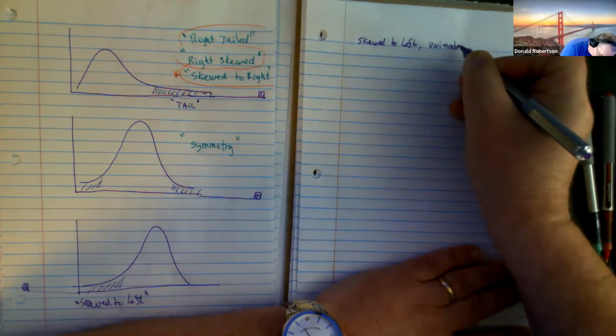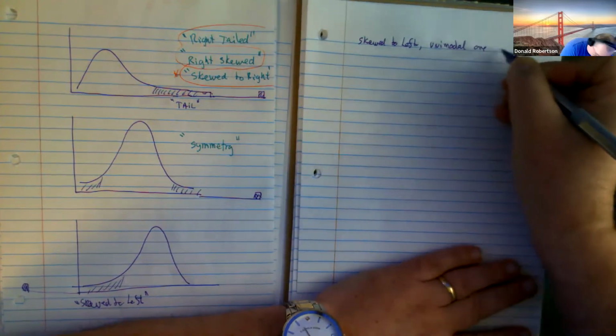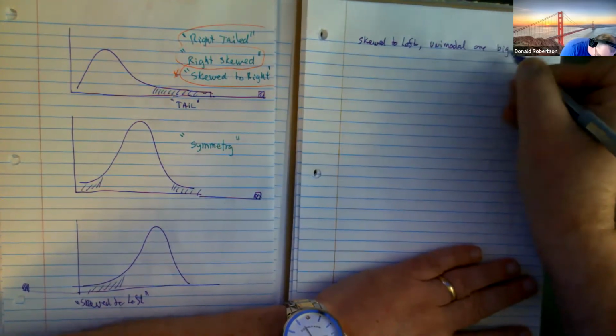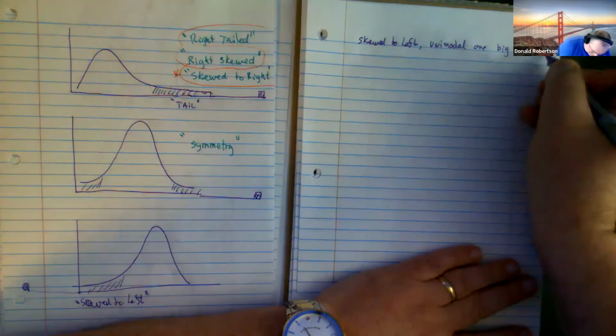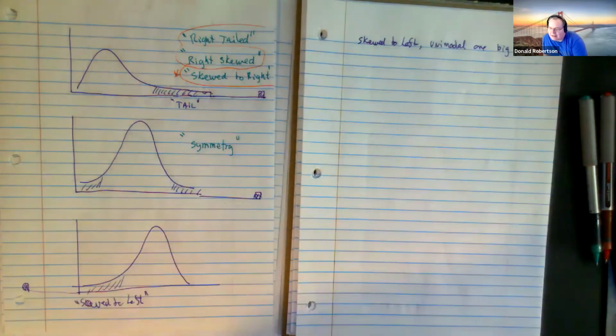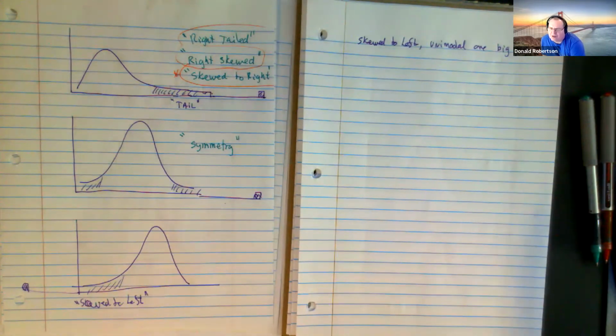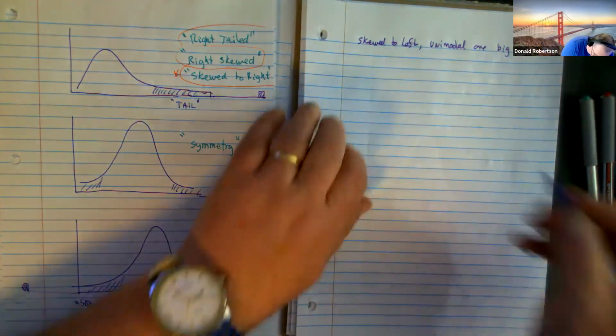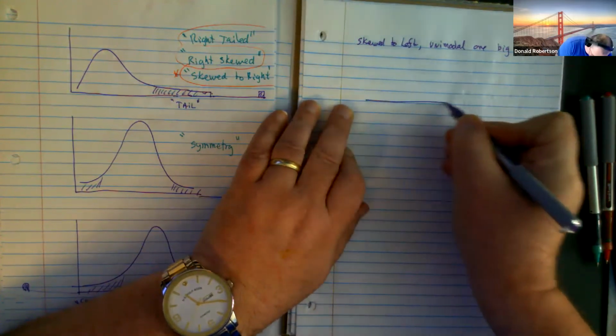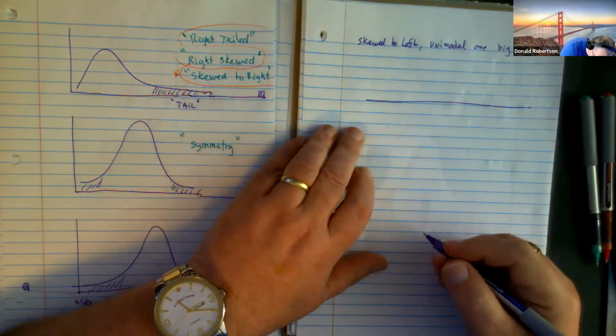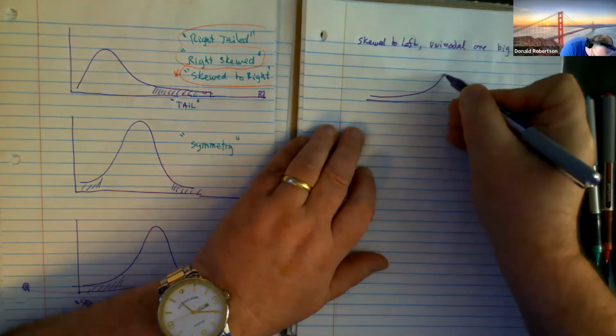And one large, I'm using a big outlier. In your mind's eye, can you see what that data would look like? It's unimodal, it's skewed to the left, and it's got one big outlier. So I'm now going to try and draw what that picture of that data would look like. Since it is skewed to the left, wouldn't it look something like that?